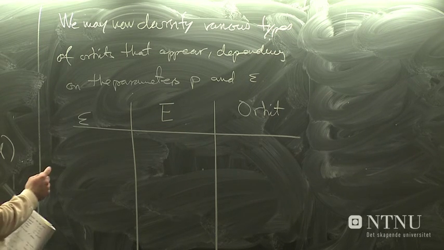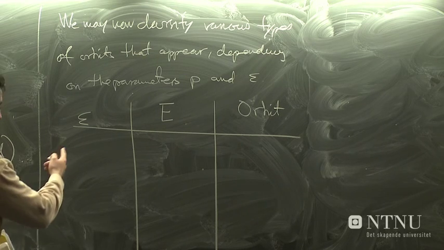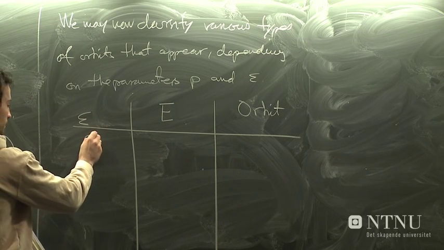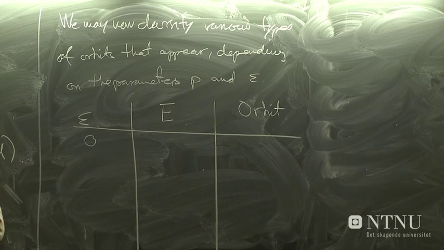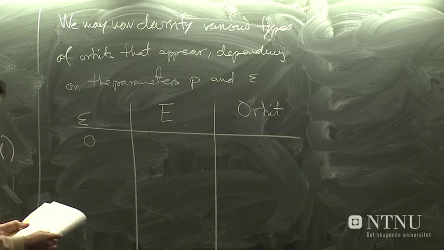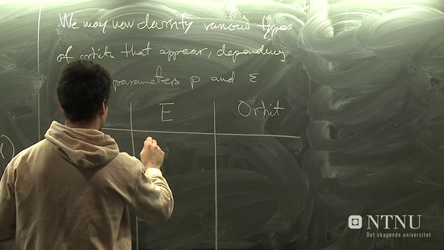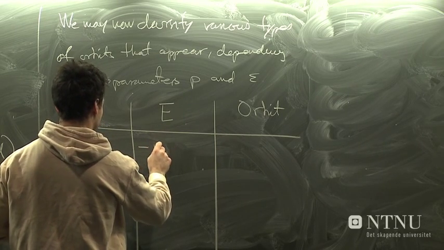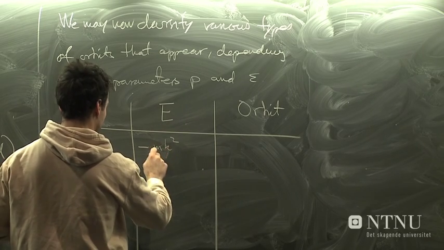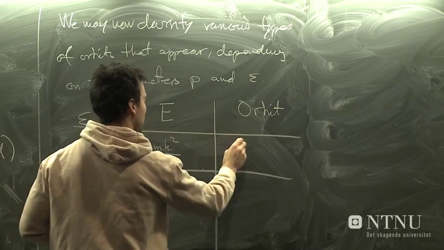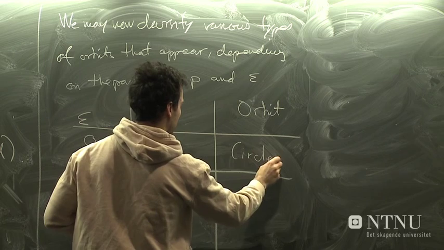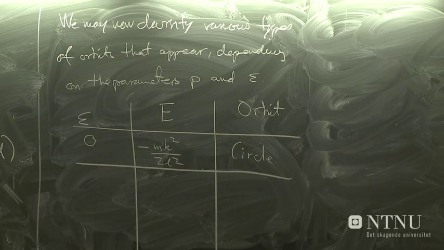So one thing that I mentioned to you is that if epsilon is equal to 0, and then using the definition of epsilon that we wrote, we get that the energy is as shown, and we should have a circle, because the radius would be a constant.